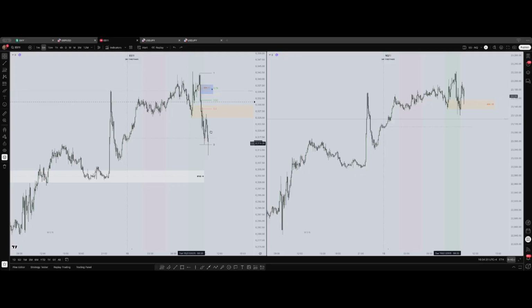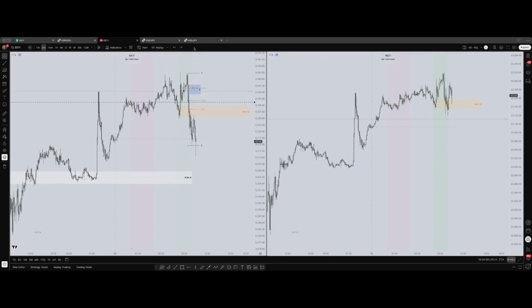Price is moving, but it's not respecting my steps, my method. I will wait. If price reaches this level, yes, I will maybe be interested. Depends how Nasdaq is working. It's acting, but so far it's ugly.